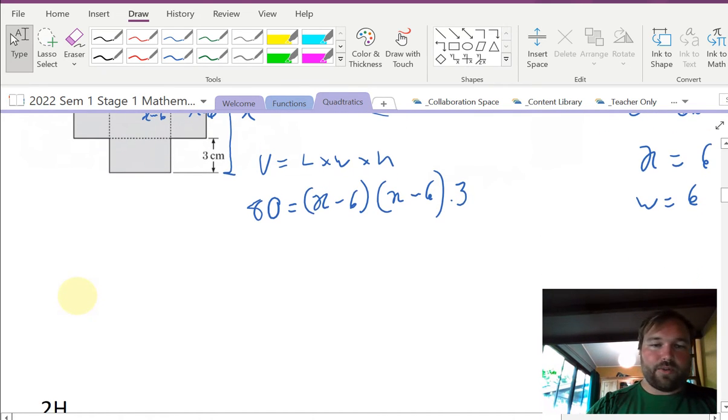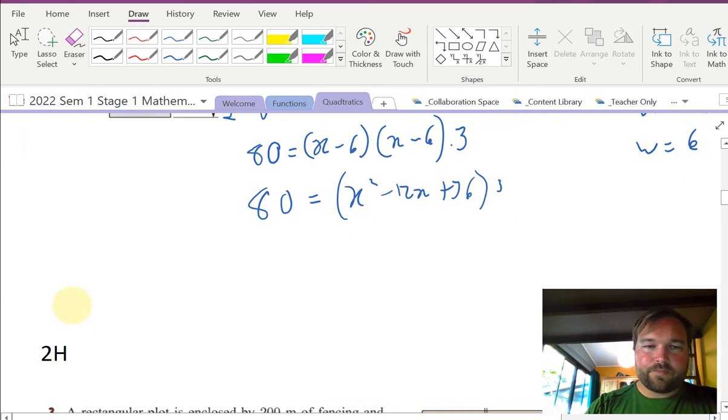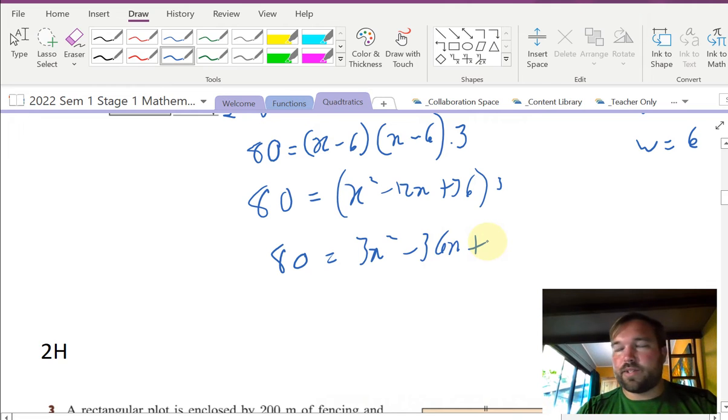All right, so if 80 was divisible by 3, I'd divide the 3 out, but it's not, so let's just leave it there. 80 equals, FOIL this out, x squared take 12x plus 36 with a 3 at the front. 80 equals 3x squared minus 36x plus, what's 36 times 3? 108?